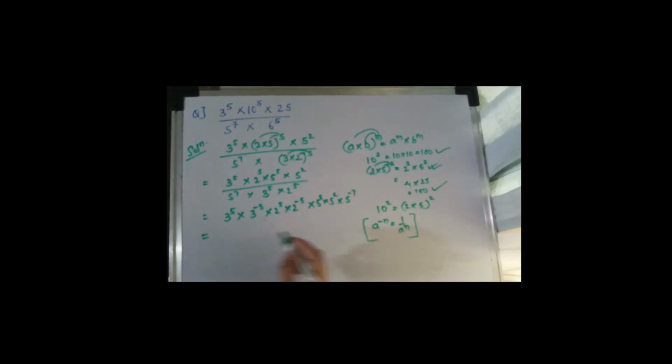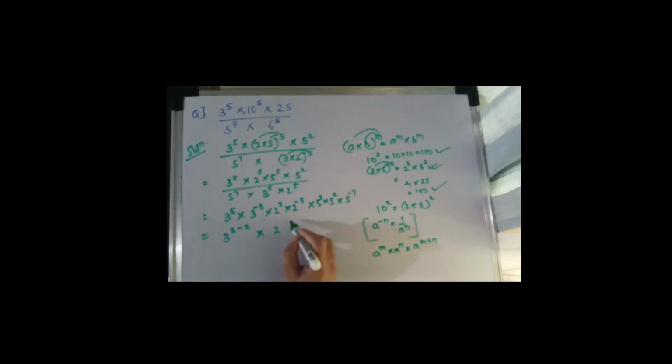Now we'll simply use this rule: when there is a multiplication sign between the same bases, the powers get added. A raised to m into a raised to n will give us a raised to m plus n. So 3 raised to 5 minus 5. Simply these will get added.